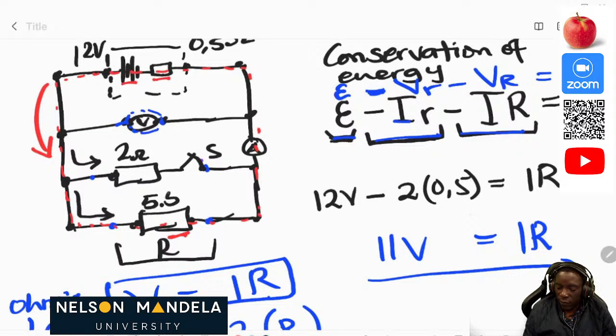Don't forget this is 5.5 ohms because we calculated it through the initial condition when switch S was open.